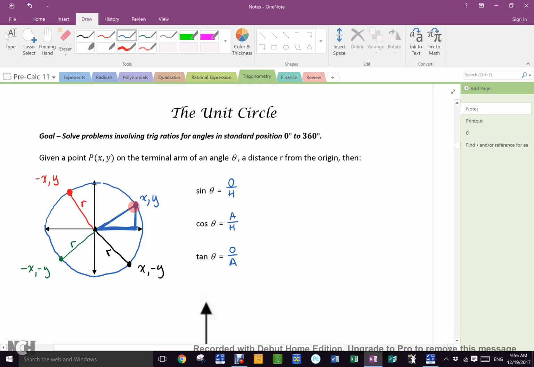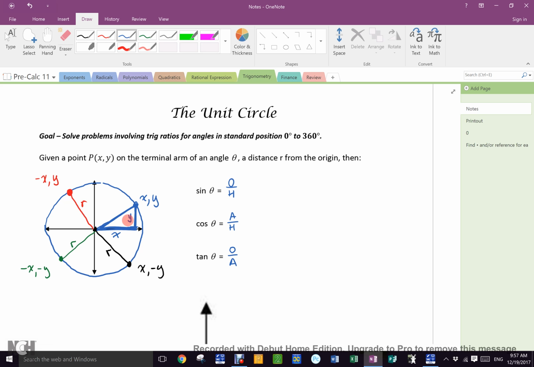What did I just make? A triangle. How far this way did I go? Can you tell me? X. I went X that way, didn't I? How far up did I go? Y. Everybody with me?